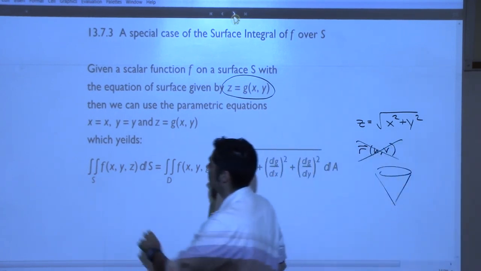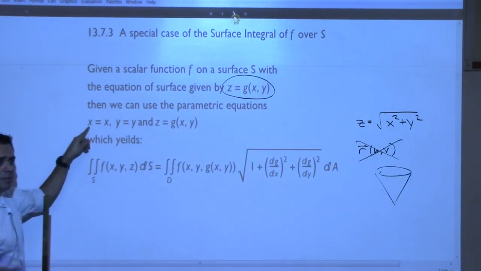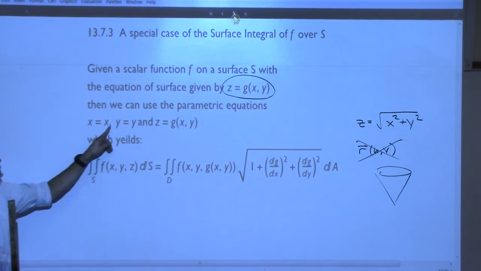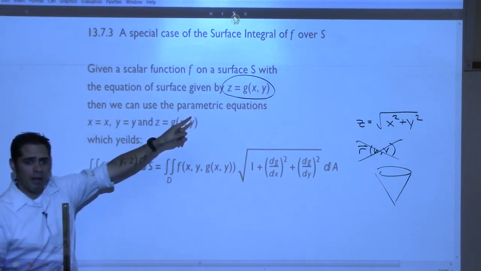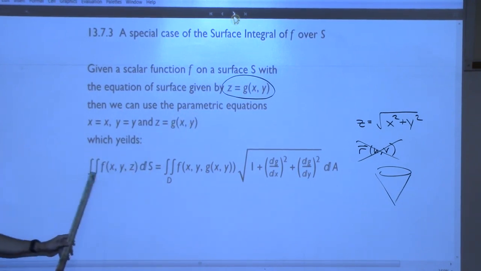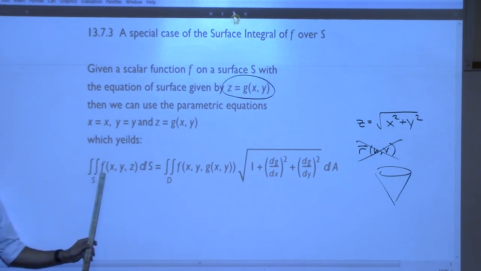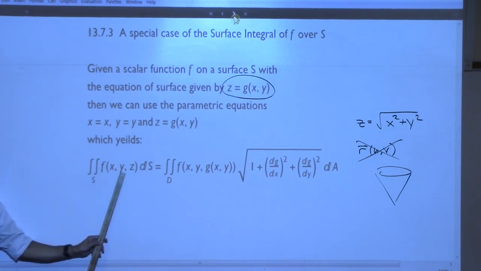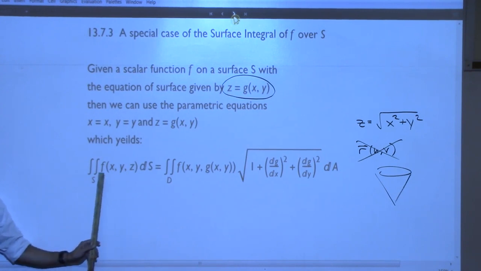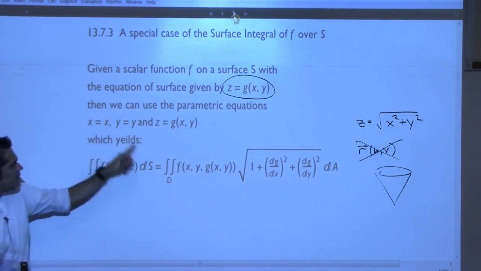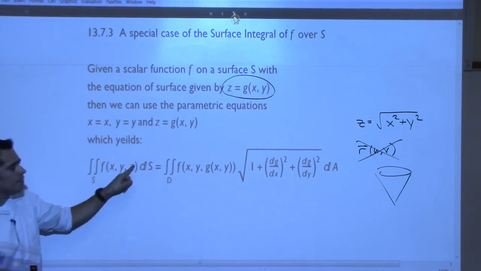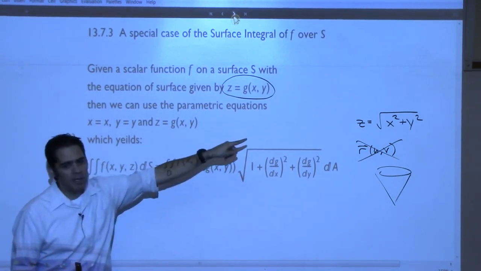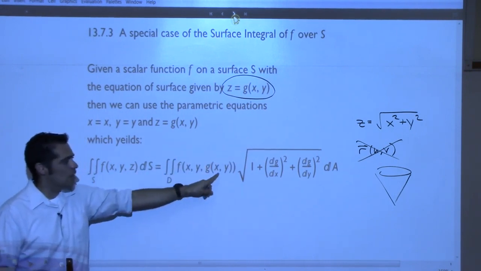Our x, which used to be the u, is just going to be itself. The y will just stay y, and the z will be the function of x and y. So remember how in the previous problem we took the scalar function and we plugged in the vector function into it? This time we're going to take the scalar function and replace x with x, replace y with y, and replace the z with the actual function of the two variables, which would have been, for that cone, just the square root of x squared plus y squared.